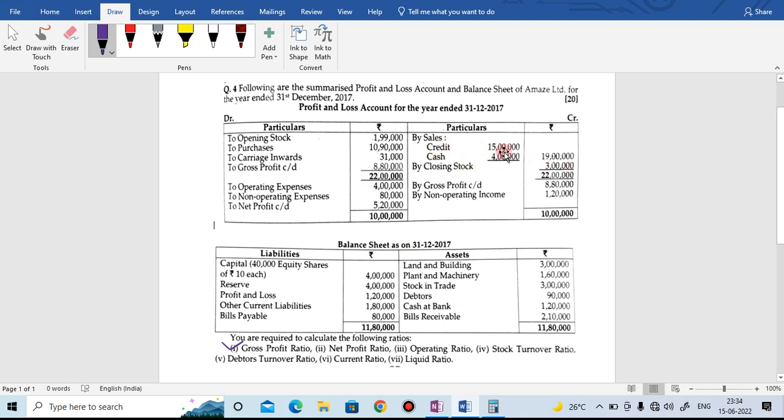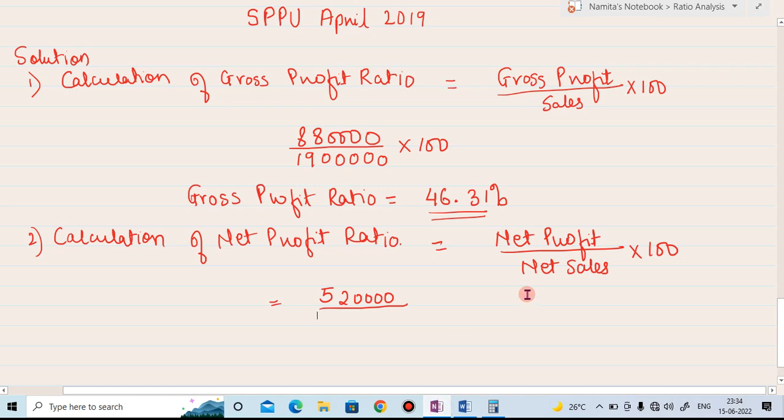Credit sale is 15 lakhs plus cash sale is 4 lakhs, so 15 plus 4, 19 lakhs. So net sales is 19 lakhs multiplied by 100.